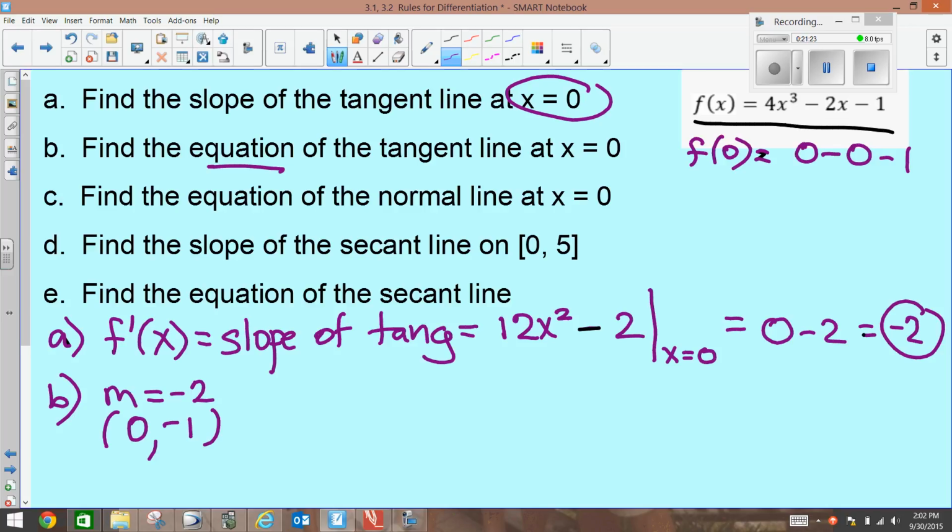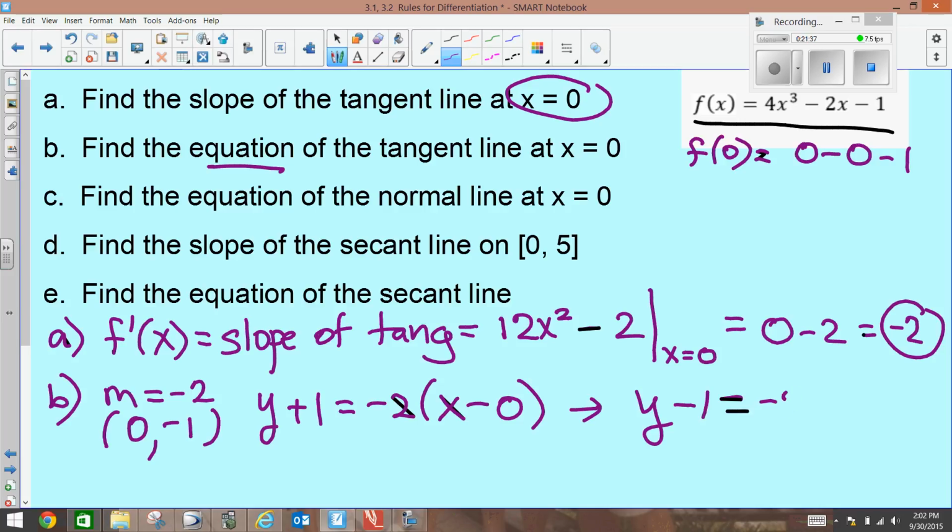Okay, so y plus 1 equals negative 2x minus 0, or just y plus 1 equals negative 2x. I don't care that you have that 0. If that helps you to keep track of that, then use it. Either one of those is good.